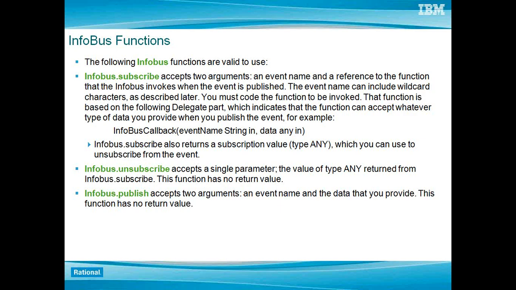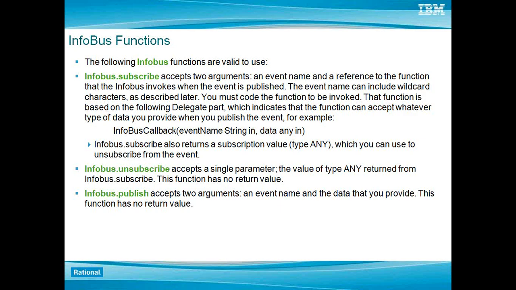It accepts a parameter, a value of type any, that is returned from the subscribe. When you are subscribing, it returns some value, so you provide that data to unsubscribe. Based on that specific data, it will unsubscribe from the current event.